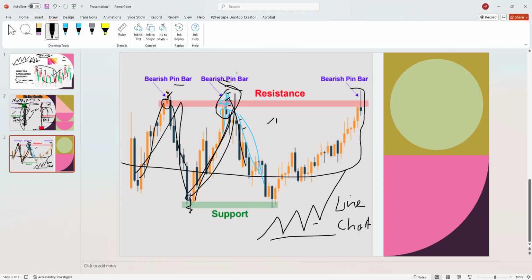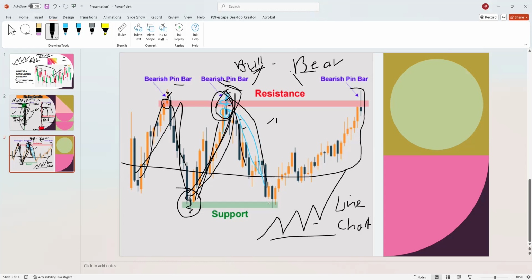And we always have the fight between the bull and the bear, which is the bullish and the bearish. The bull is bullish, the bear is bearish. So we always have a fight between buyers and sellers. After we see the bullish pin bar start going up, thereafter we get the bearish one come up here, sellers push the price down.